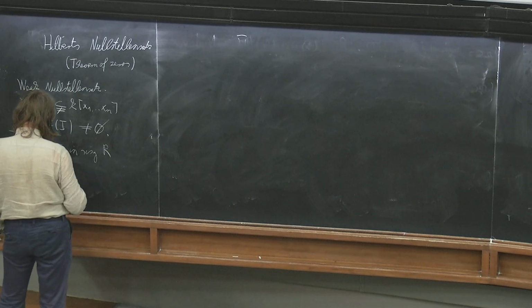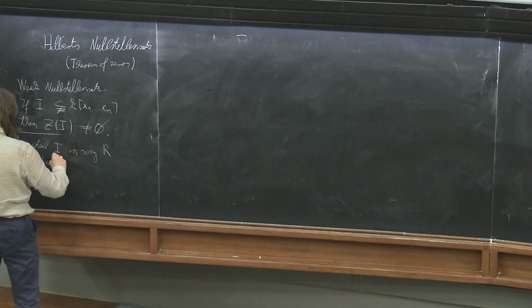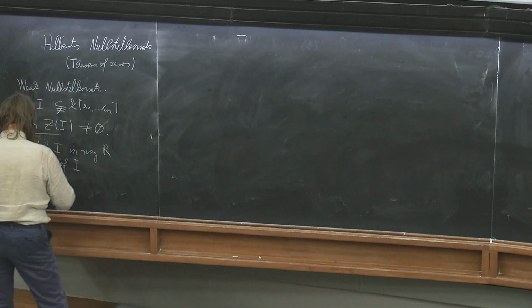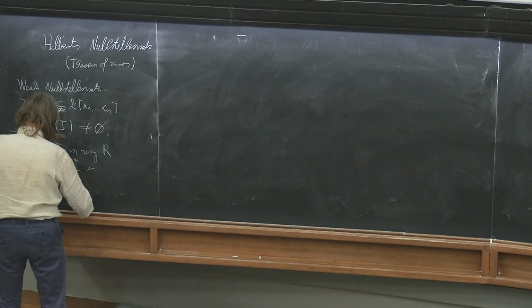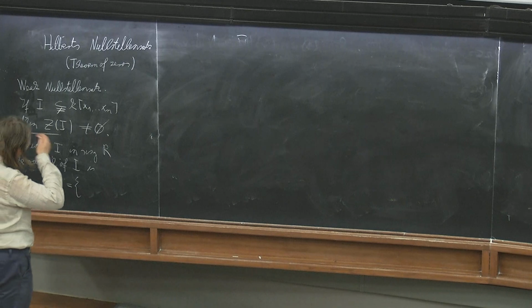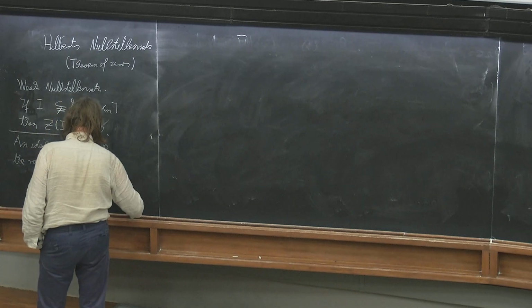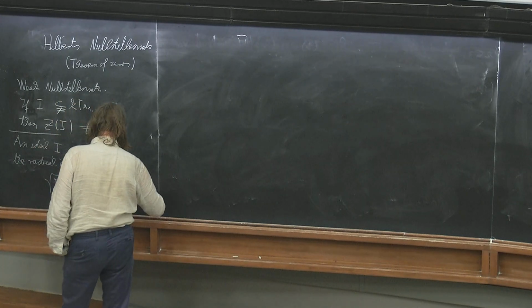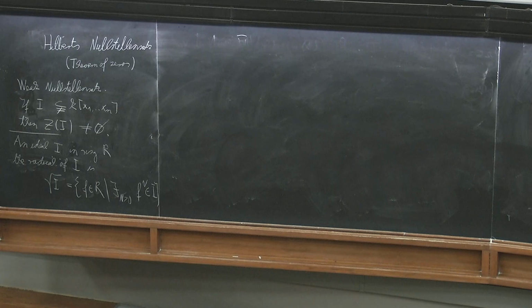If I is an ideal in a ring R, the radical of I, which I write just as if it were a square root, is the set of all elements f in the ring such that a power f to the n, with n bigger than 0, lies in I. An ideal is called a radical ideal if it's equal to its own radical.